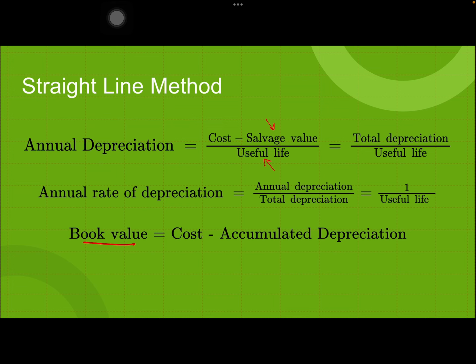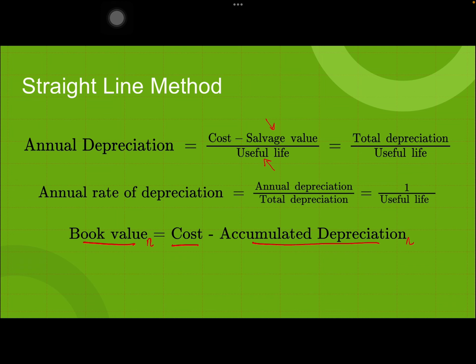So book value at the end of year 1 is cost minus accumulated depreciation until year 1. Book value at the end of year n will be equal to cost minus accumulated depreciation at the end of year n.